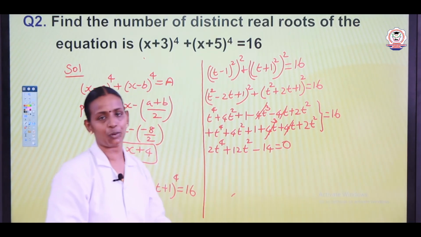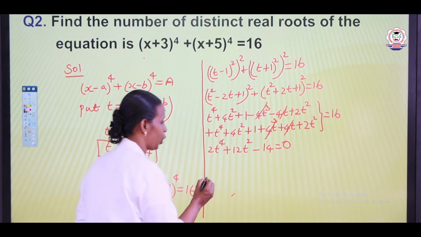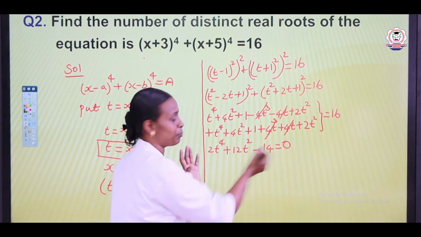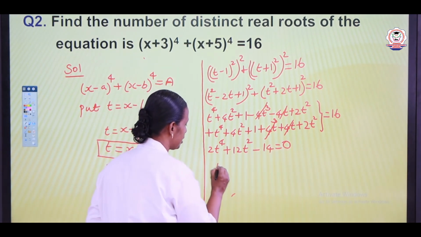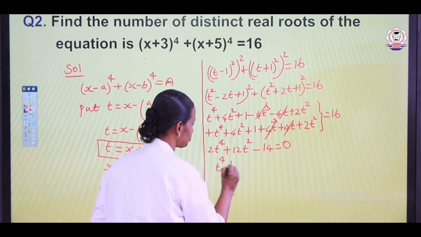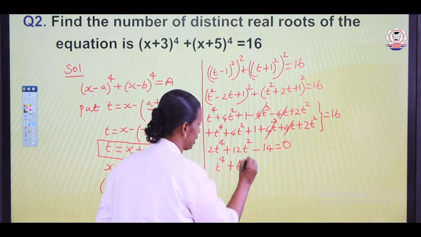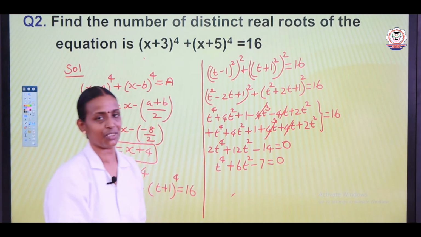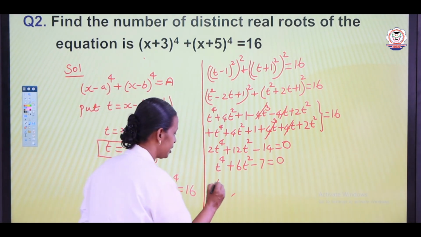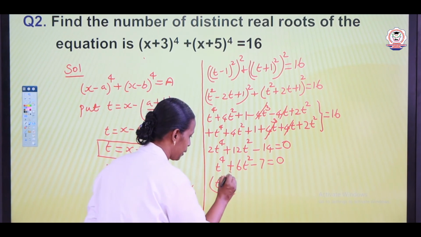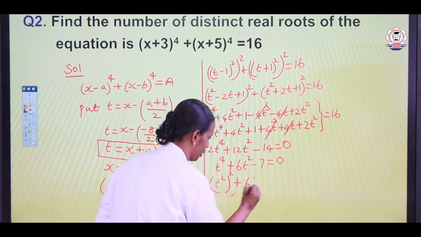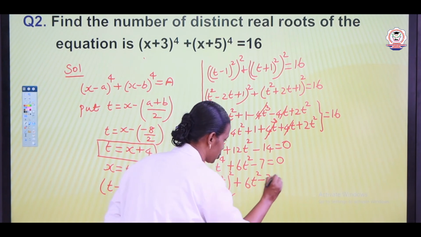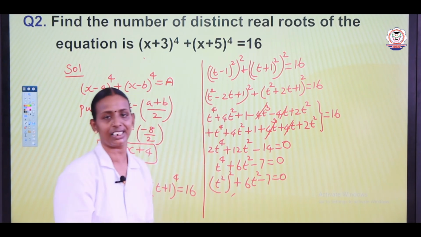Now this is nothing but a quadratic equation in t square. How? You have to just divide it by 2. So what will happen? This is t power 4 plus 6t square minus 7 equal to 0. This is nothing but a quadratic equation in t square, that is (t square) the whole square plus 6t square minus 7 equal to 0. How to find the solution for this one?